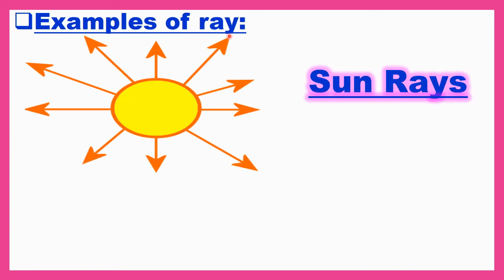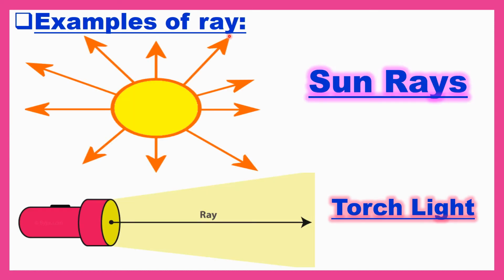These are the examples of ray. First picture name is sun rays. Second picture name is torchlight. Students, sun rays start from a point and go on in one direction forever. It never stops. Ray doesn't have defined length. Defined means decided, sure about something.